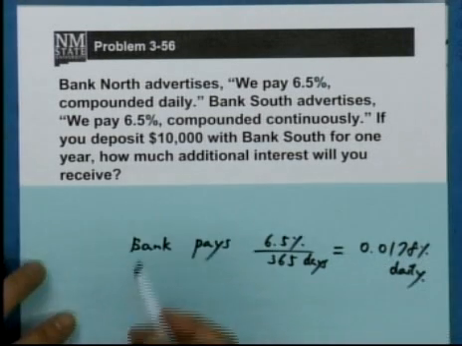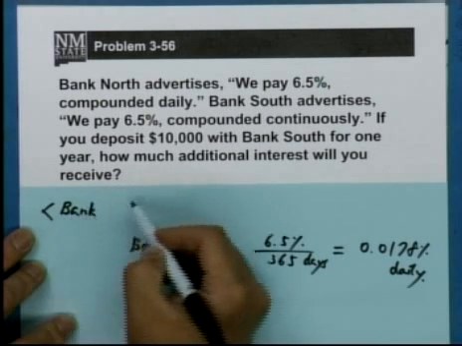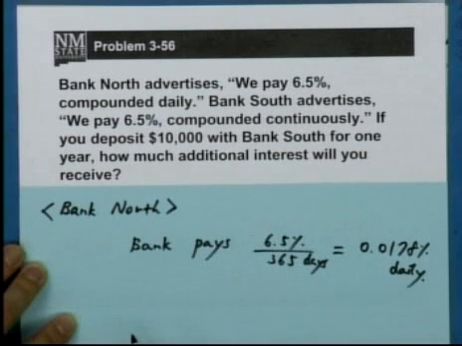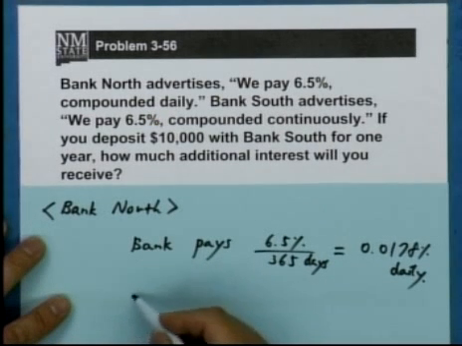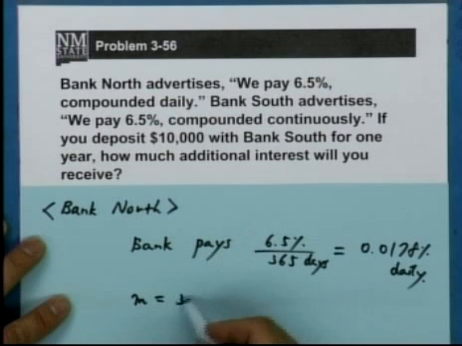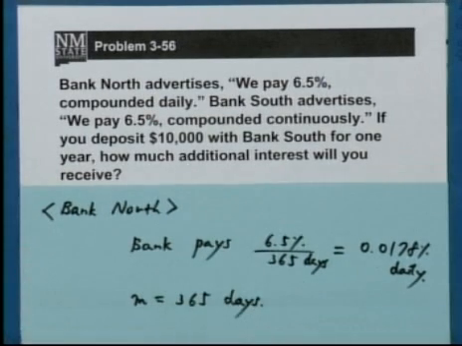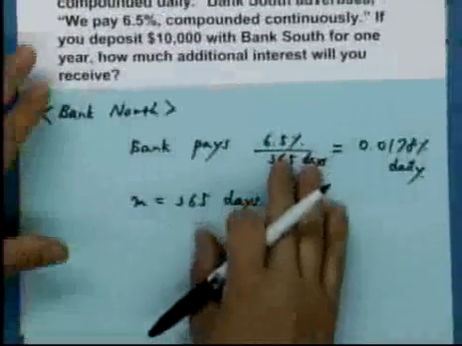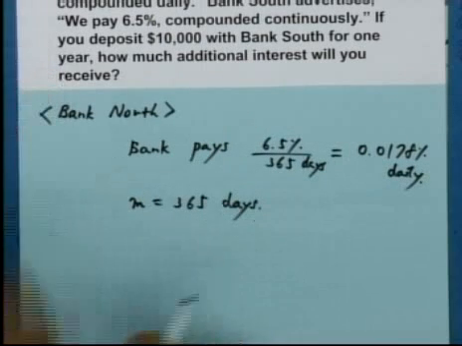Okay, that is for Bank North, and in that case, M becomes 365 days. So you want to deposit $10,000 for 1 year.